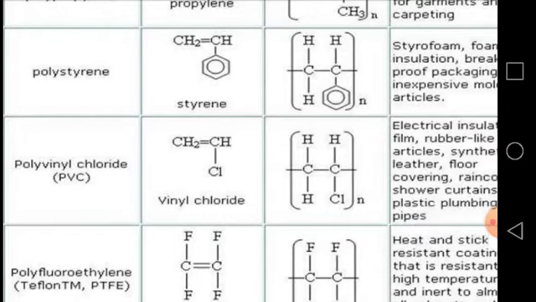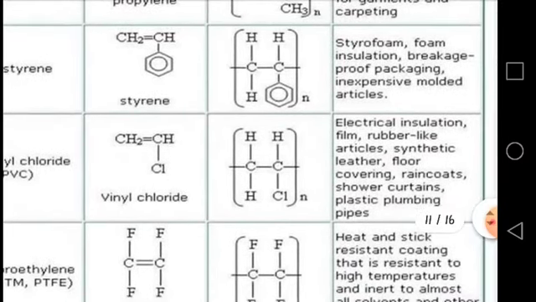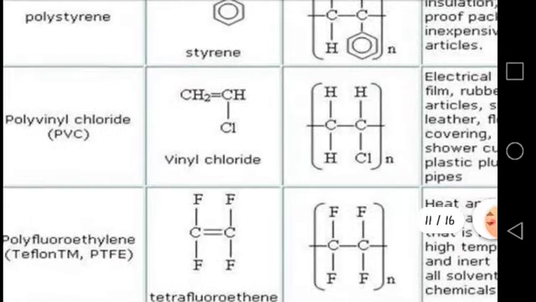Now polyvinyl chloride: this is the monomer vinyl chloride, this is the repeating unit, and the uses are electrical insulation film, rubber like articles, synthetic leather, floor covering, raincoats, shower curtains, plastic plumbing pipes. So there are so many uses of polyvinyl chloride.